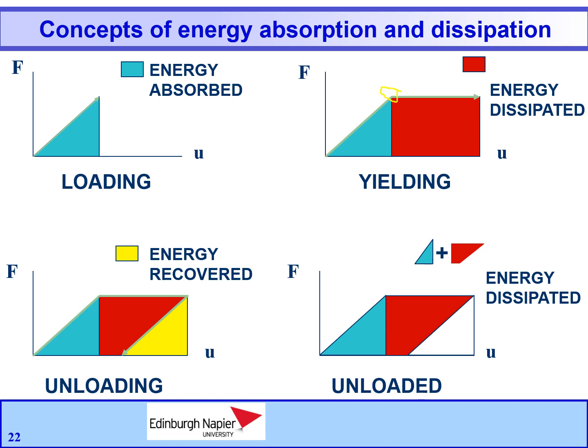In this simplistic representation of phenomena, while unloading, part of the energy is recovered as the unloading path follows a route parallel to the first linear elastic loading one, and the recovered energy is expressed through the area under the yellow triangle, whereas in such a behavior, the energy dissipated is the sum of the light blue and the red areas at the final graph.